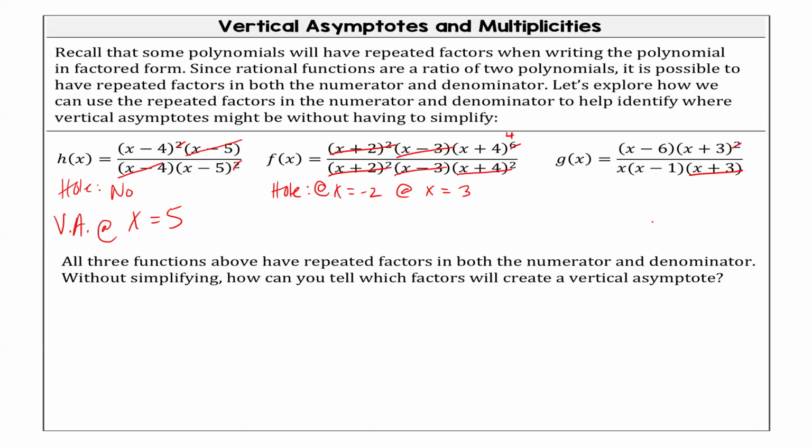And we got one left. Perfect. At x equals positive 1, because you have x and x minus 1 still in the denominator.